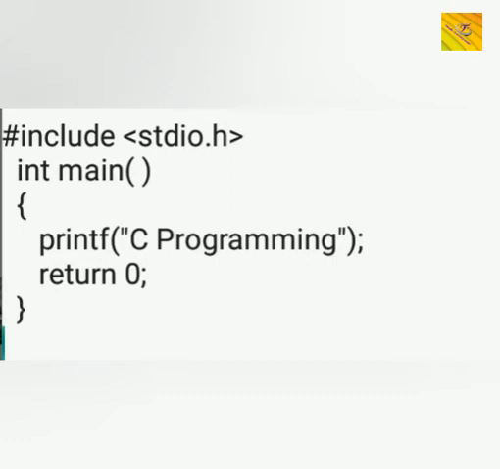To use printf in our programs, we need to include the stdio.h header file using the #include stdio.h statement. The return 0 statement inside the main function is the exit status of the program. It's optional. This is all for this video.